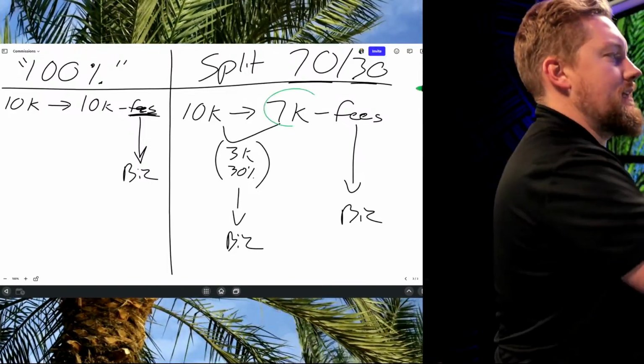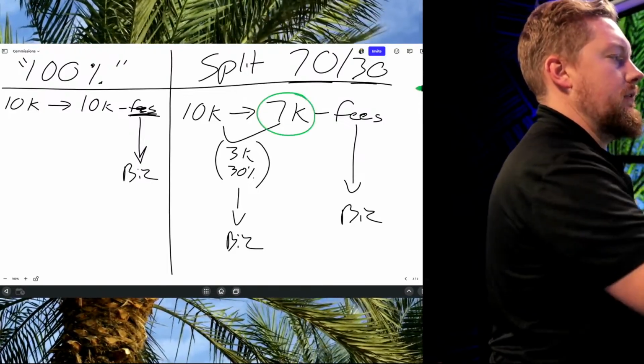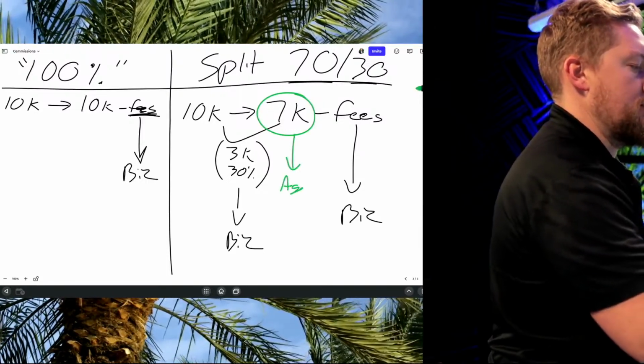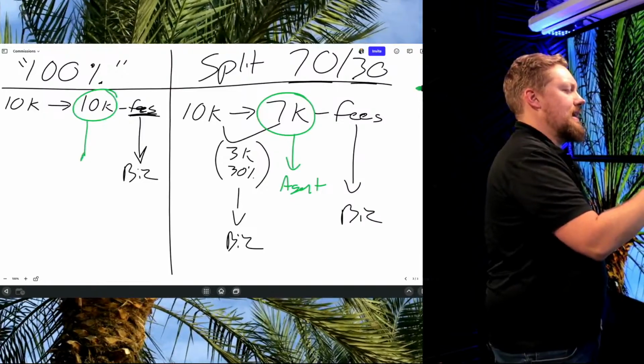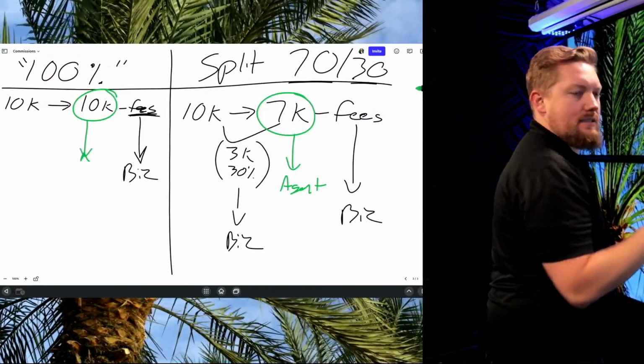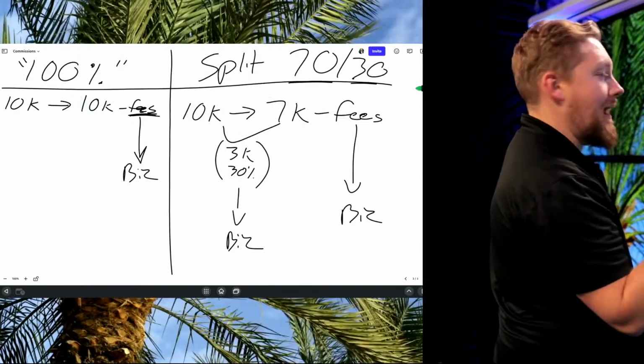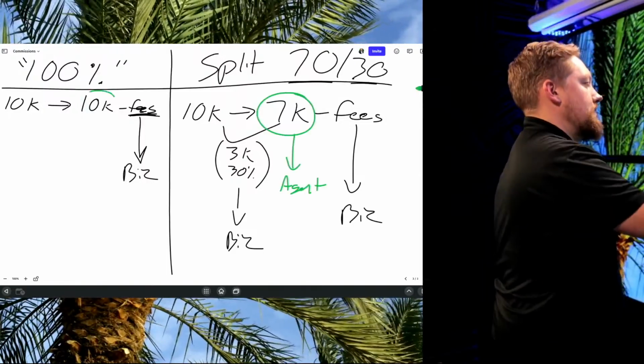Whereas this $7,000 here, that's what's going to the agent. And it's not even so much, I would say, to grow the business, but I would call it to power the business.